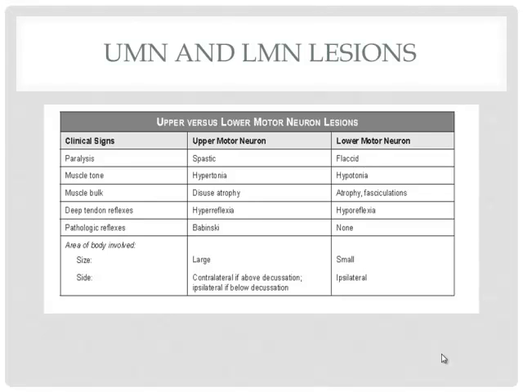So all these disease processes, when they start to affect the upper and lower motor neurons, that's when they start to exhibit physical exam findings, which can be very abnormal. And so we're going to learn as time goes on what these really mean and what they indicate.